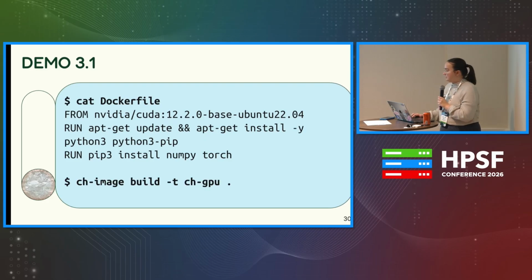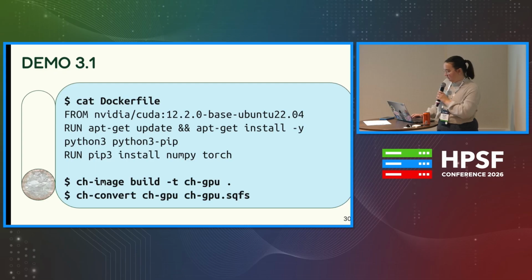The step I'm running is ch-image build, and I'm calling it GPU. I was able to pull the image straight from Docker Hub, and I pulled it straight onto the GPU node, because architecture-aware containers is the bane that catches me every single time. The only way I can get around it is pulling straight from the node. So this is currently building.